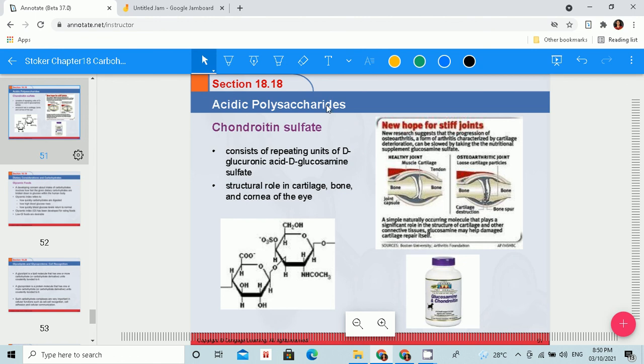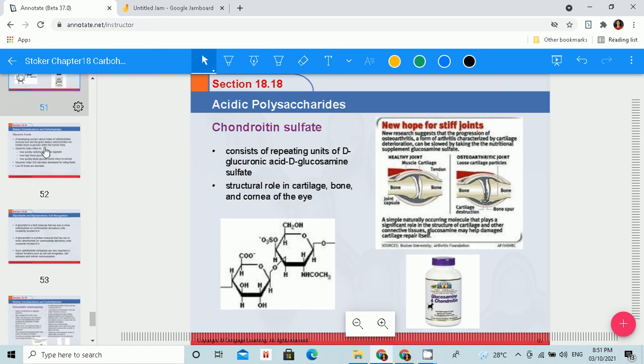In chondroitin we have glucuronic acid, so for sure it's glucose, and then we have glucosamine sulfate. Those are the monomers of our chondroitin sulfate, and it has a structural role in cartilage, bone, and the cornea of the eye. So that is chondroitin.